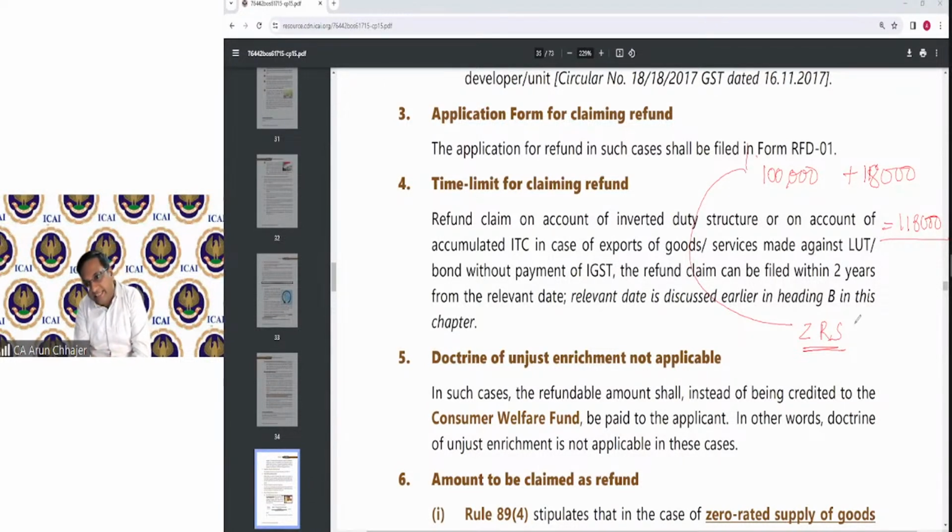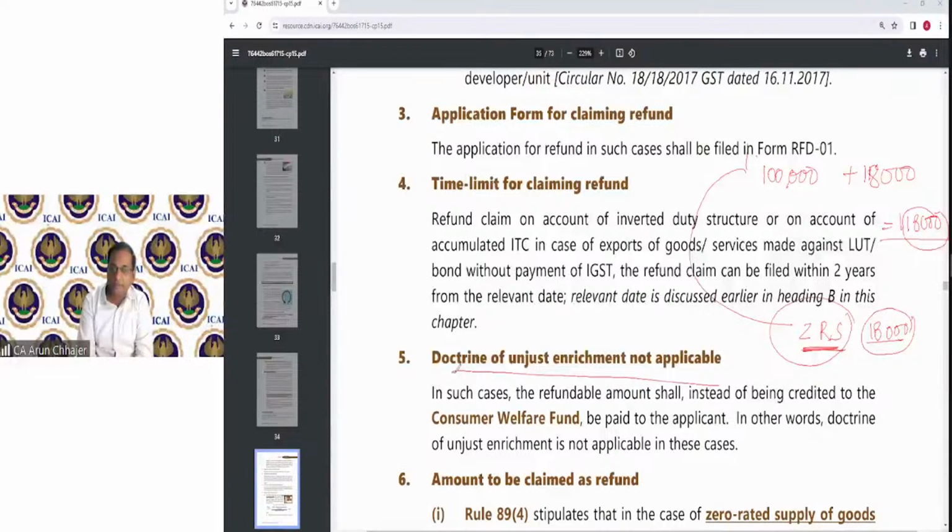So now in this case, if one has applied the refund and got the 18,000, let's say from government, now see, he is getting 18,000 from customer and 18,000 from government as a refund. Now this is unjust enrichment.